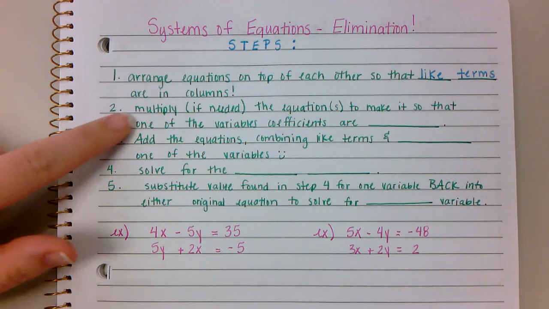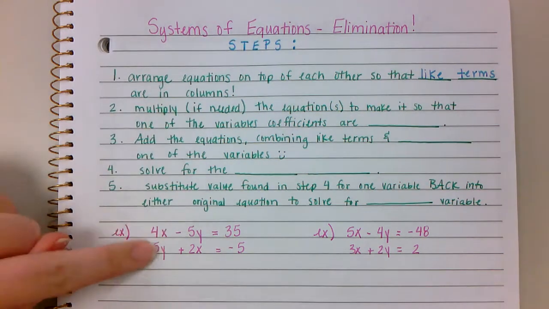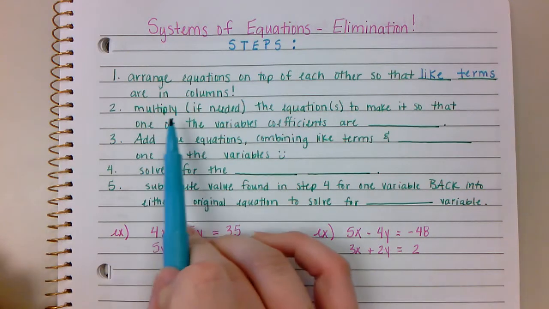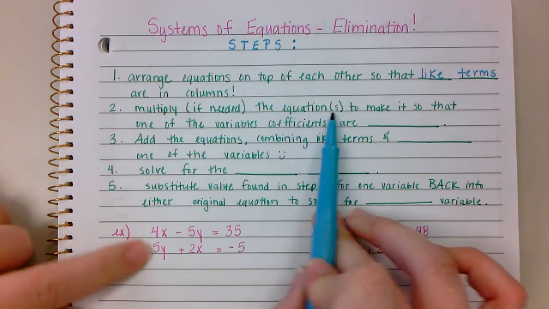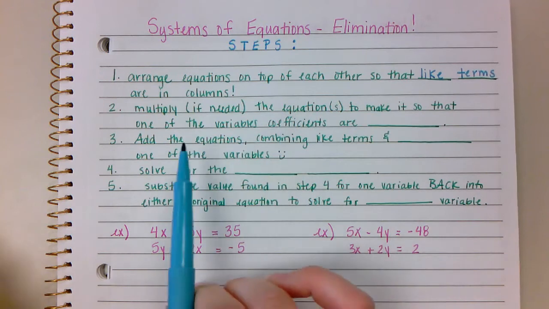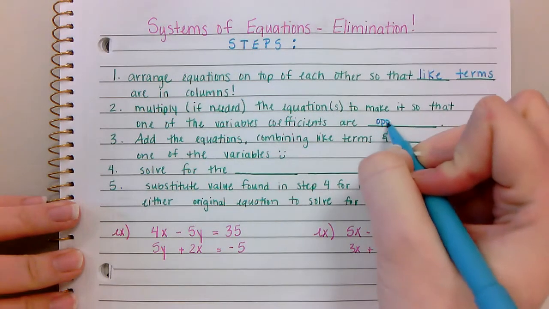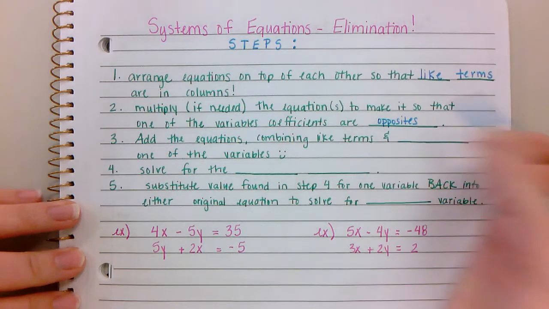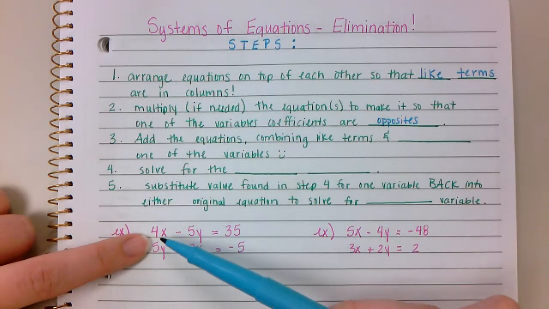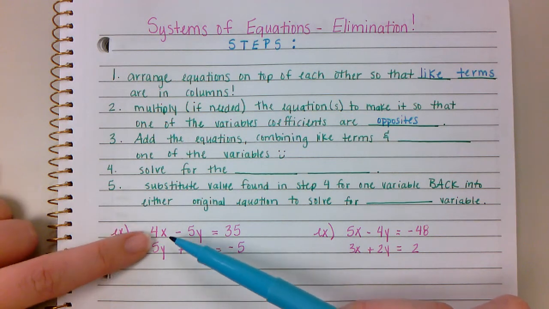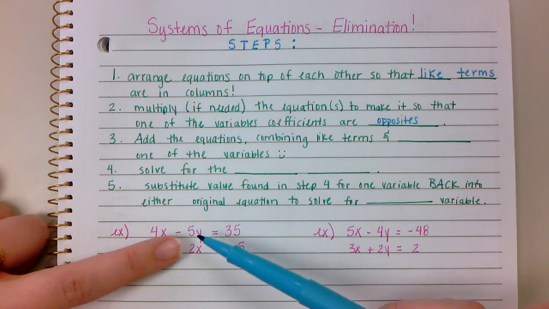The second step is going to be to multiply one of your rows if you need to. So you'll multiply, if needed, the equation or both equations to make it so that one of the variable's coefficients are opposites. If you look down here, these are not stacked up properly, so we're going to have to rearrange those.